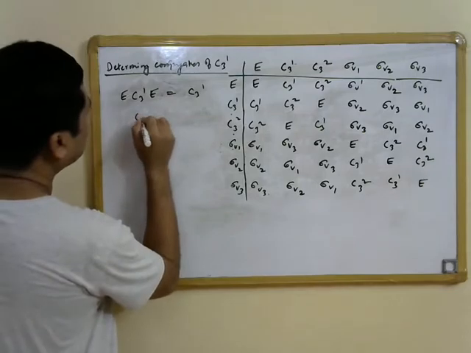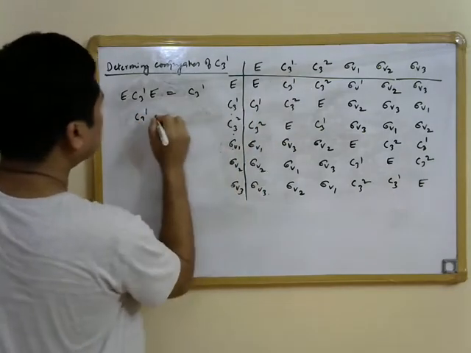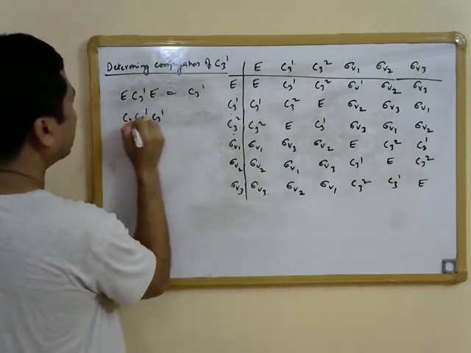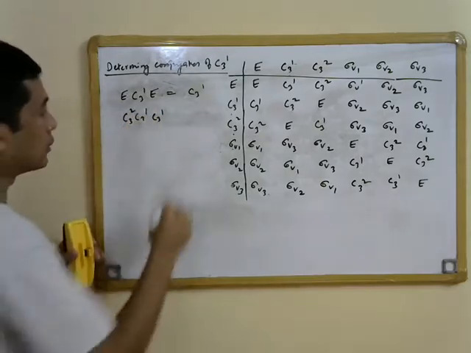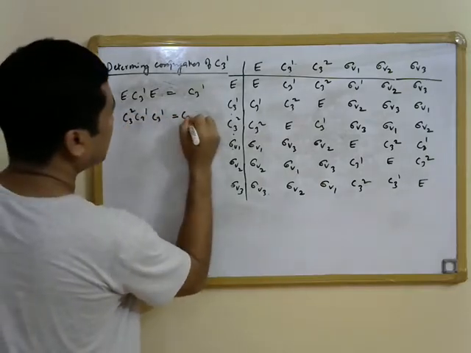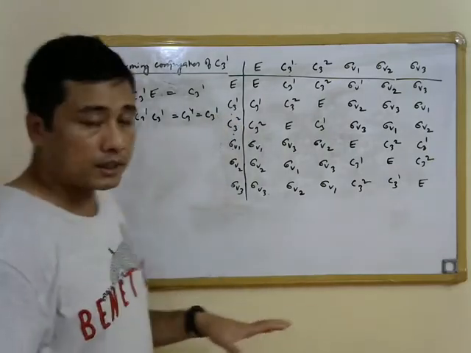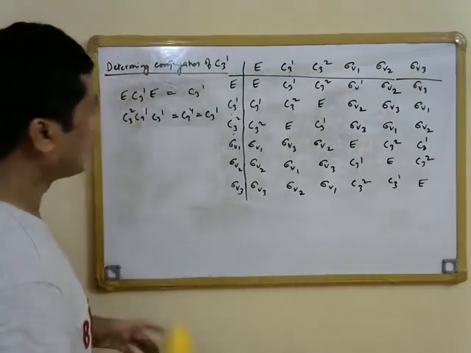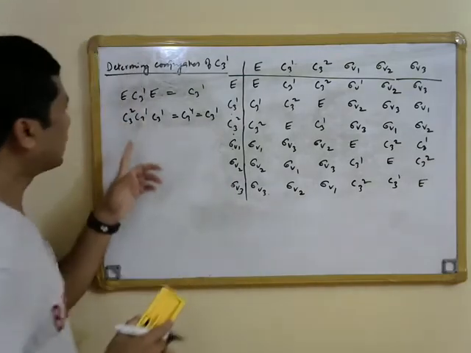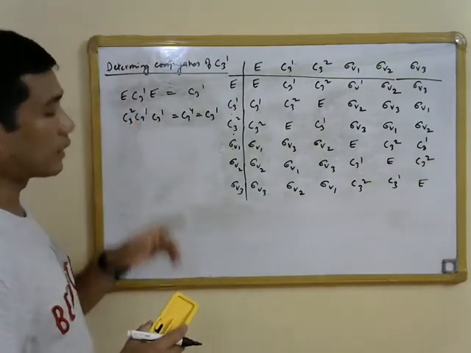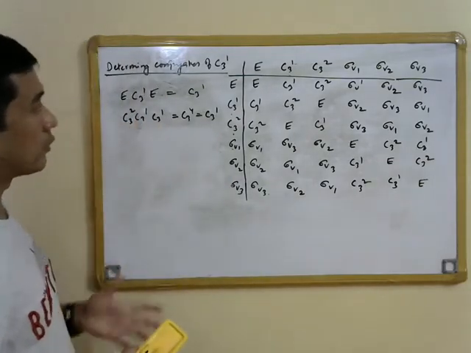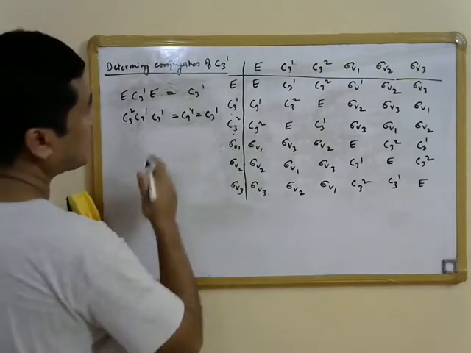Then let us take the next element, C31, and the inverse of C31 is C32. So this answer is going to be C32 C31 C31, which is going to be equal to C31. Once again, we see that C31 is a conjugate of itself, because C31 commutes with itself, and that is why we can write this answer.